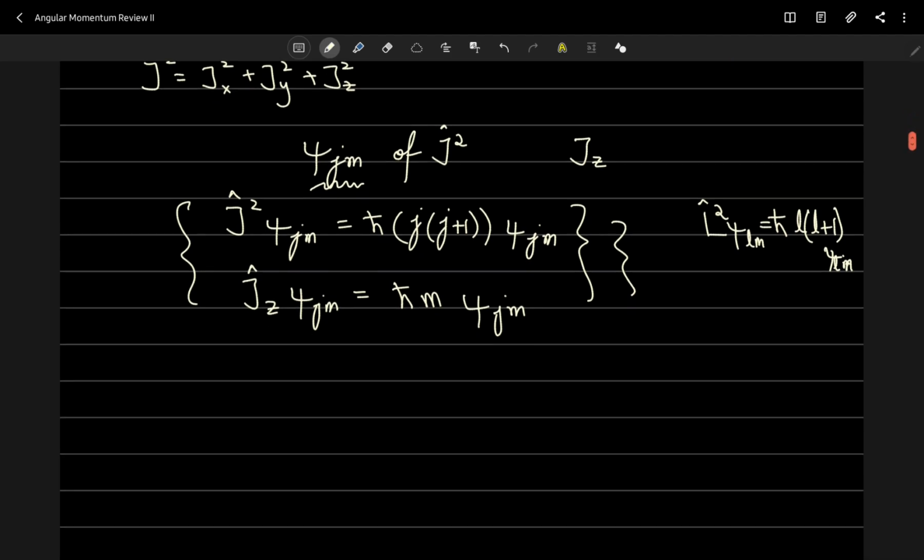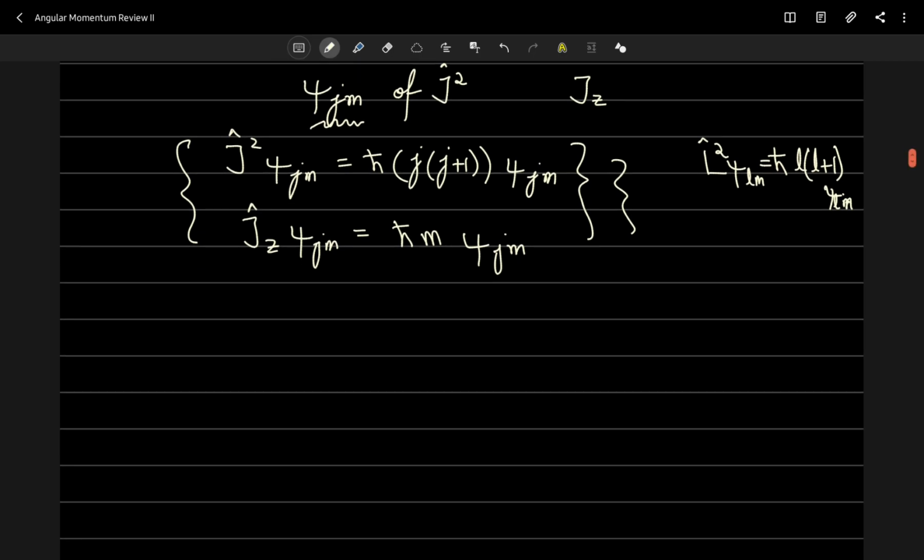Now note that psi jm is normalized to unity, and it satisfies the orthonormality relation, which in bracket notation is the inner product of psi j prime m prime with psi jm, giving delta j j prime times delta m m prime.